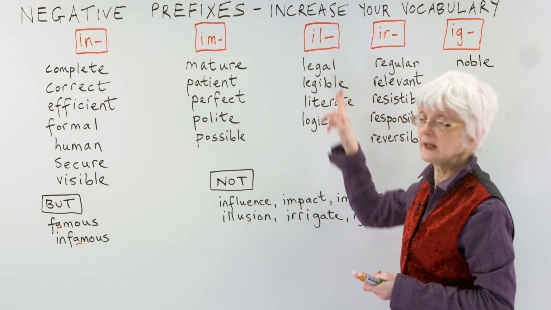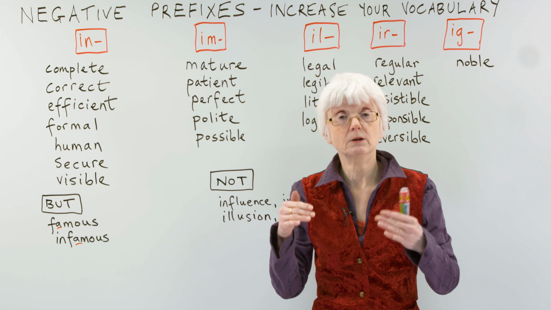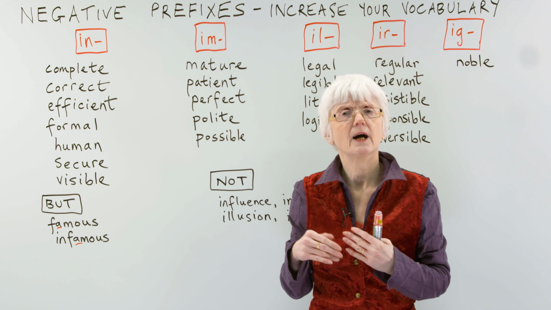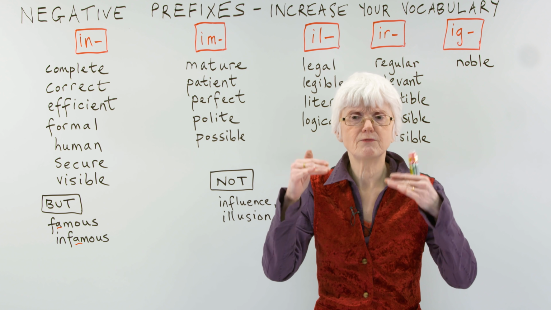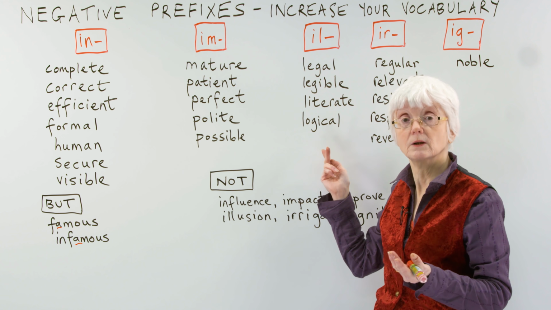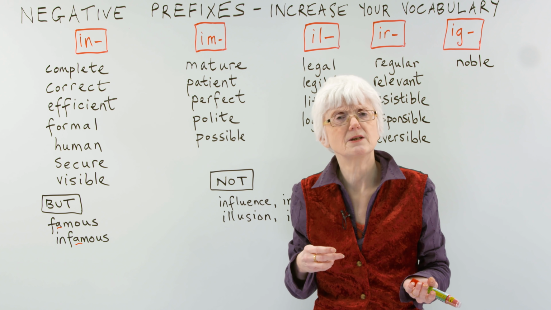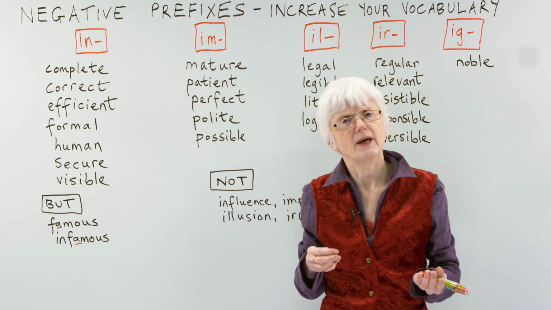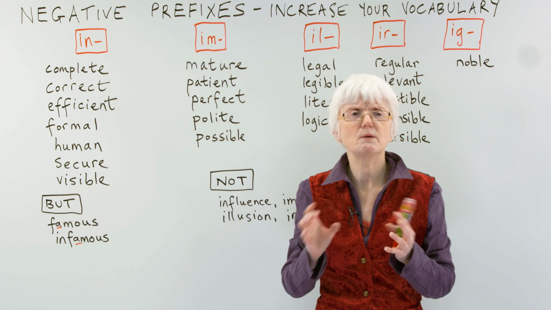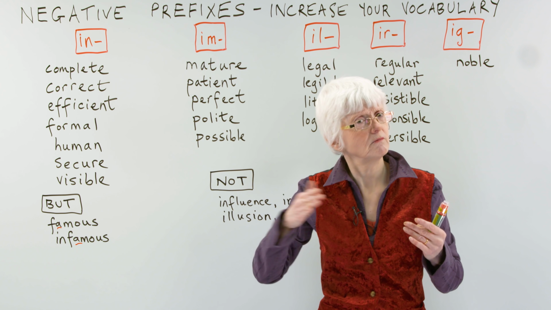And then finally in this column, logical. If something is logical, it makes sense. It's sort of one thing follows from another. Logical. But if somebody has an argument about something and they make an argument which is illogical, then it doesn't make sense.